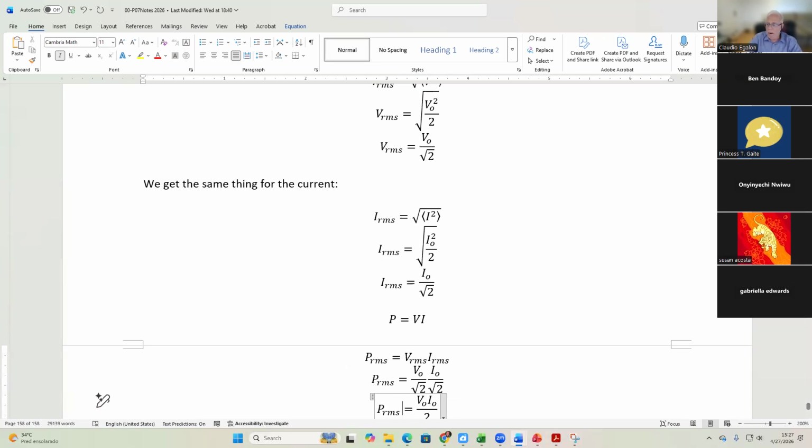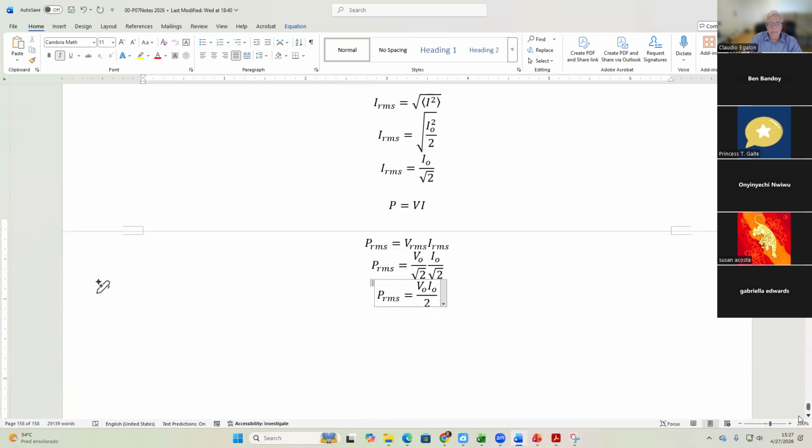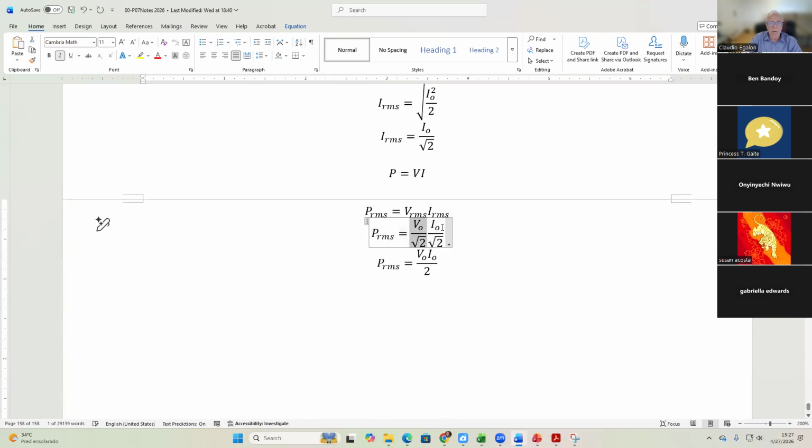V naught over square root of 2, I naught over square root of 2, V naught times I naught over 2. Okay. And this is the type of measurement that we get with our multimeter.